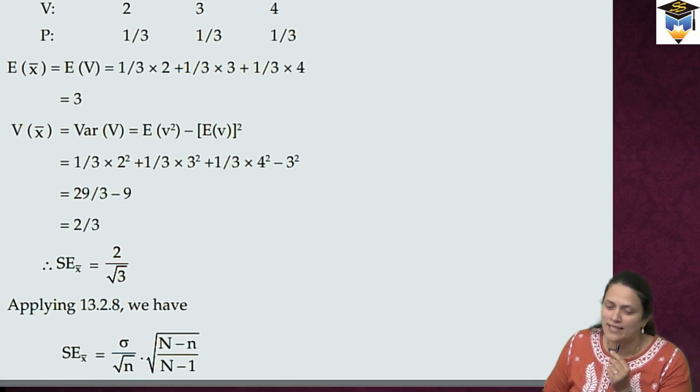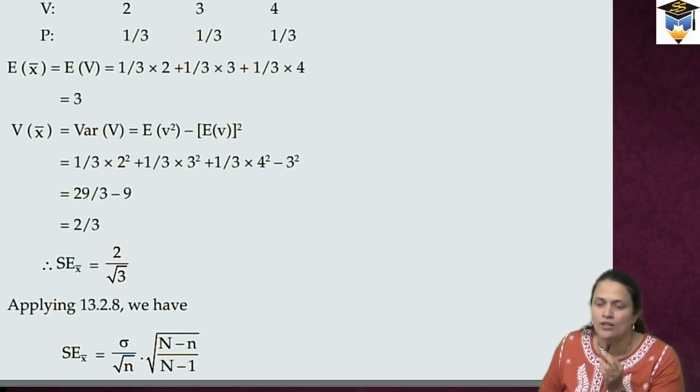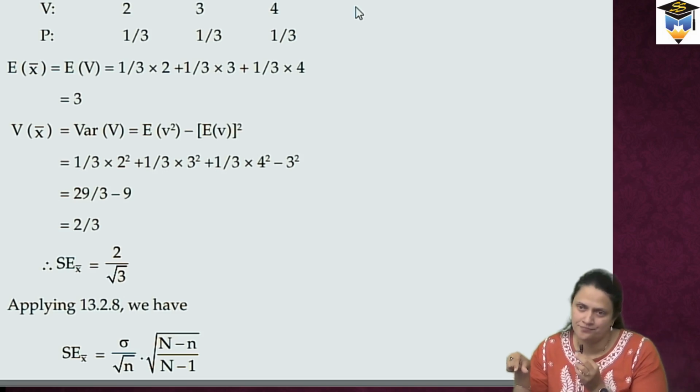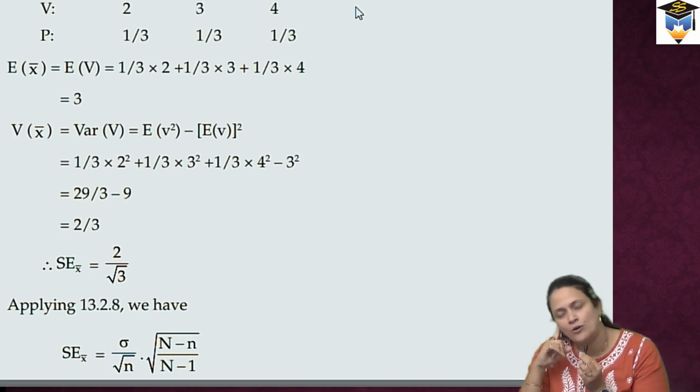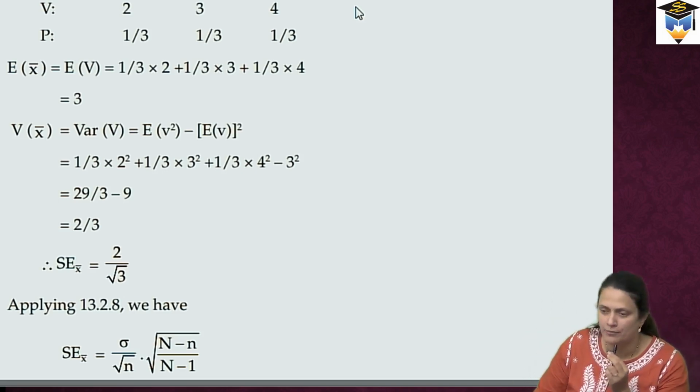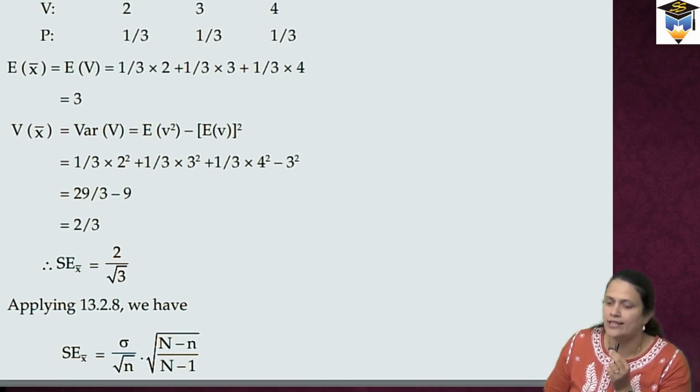Now without replacement, what we need to do is we need to use this particular formula. So now what you do, write down this table, give the heading as SRS without replacement, WOR, and then write down this particular table, that is V and P, and then write these points down. Write down this calculation please for me.